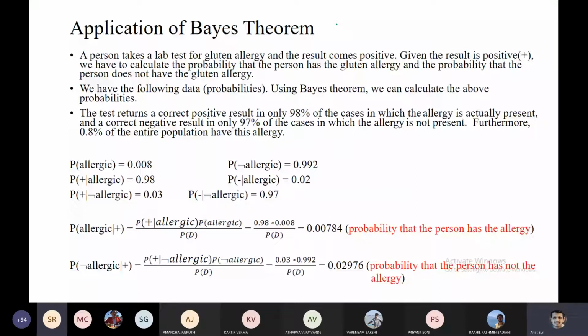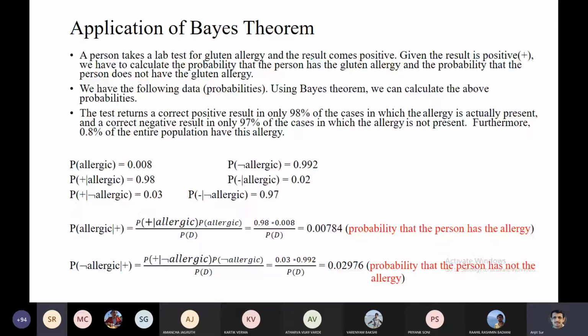That means a person takes a lab test for gluten allergy. Gluten allergy is very important, and Djokovic has a gluten allergy; it became world famous because of this. And the result comes positive. So this is just a fact.